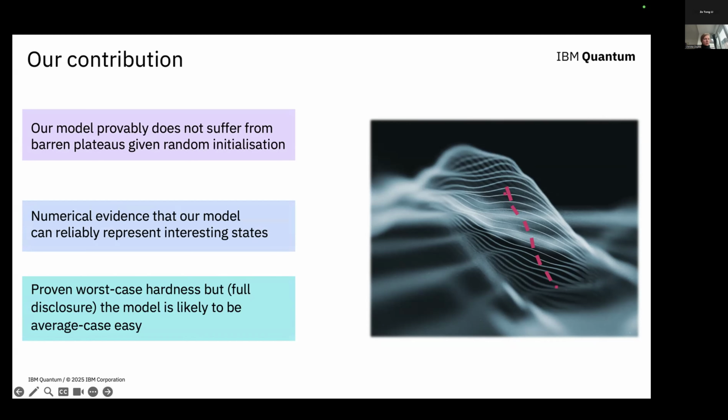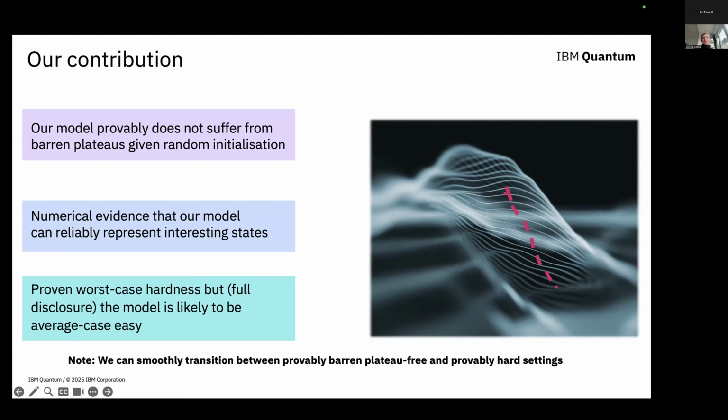But full disclosure, we're also fully aware that the model is likely to be average-case easy. And then there comes again the question of whether one can make use of classical resources to support the preparation of something that's quantumly interesting, so to say.